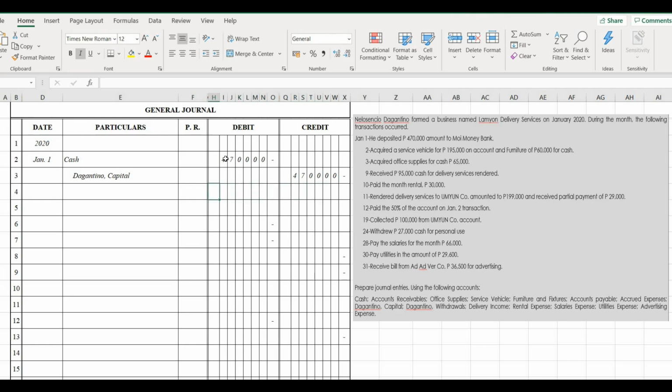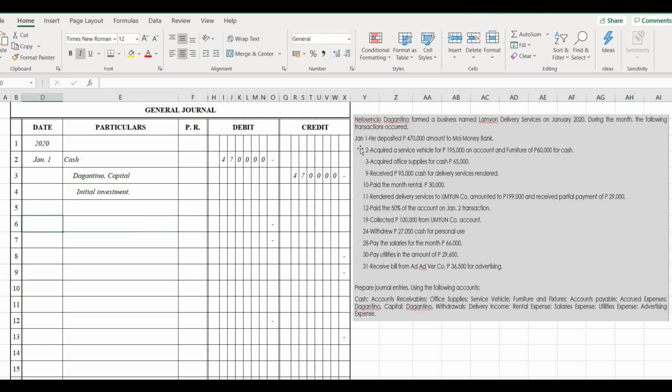So, that's your debit and credit accounts. So, the last thing that you have to do is you put a brief explanation or description of the transaction. So, this is initial investment. Okay, so that's your first transaction.